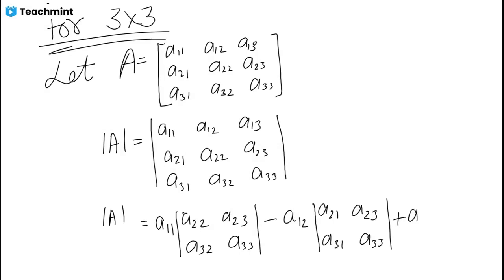Plus next element, which is the element of first row and third column. Just leave the elements of first row and third column and write down the remaining elements: A21, A22, A31, A32.